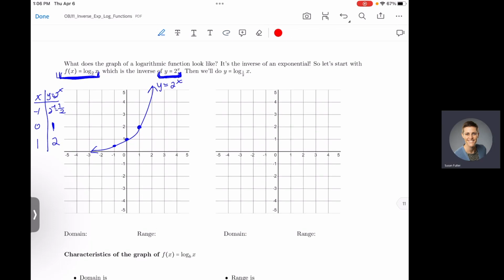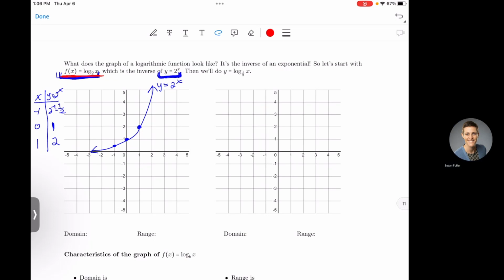Okay, but I'm not here to graph exponentials. I'm here to graph logarithmics. So to graph y equals log base 2 of x, that's the inverse function of this. Because I had the point (1, 2) on my exponential graph, that means (2, 1) is going to be a point on my inverse function. Again, switch x and y.